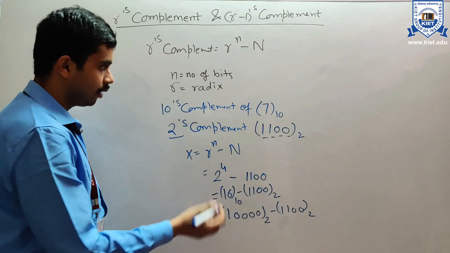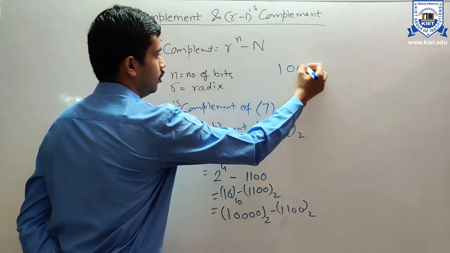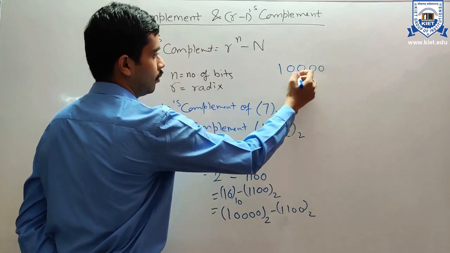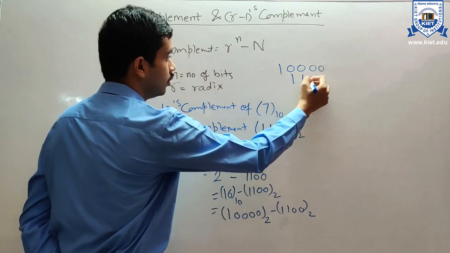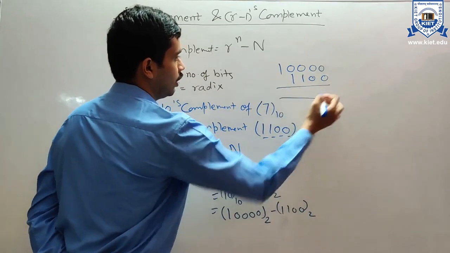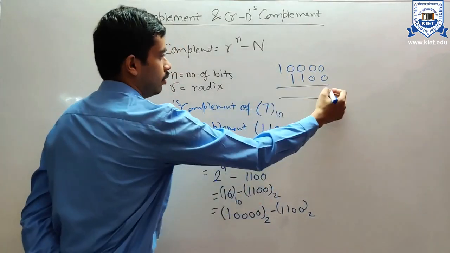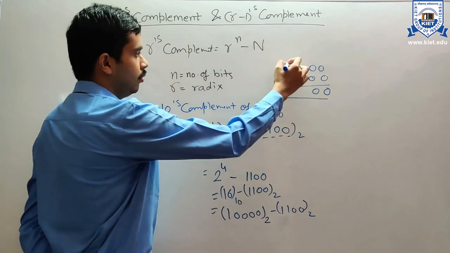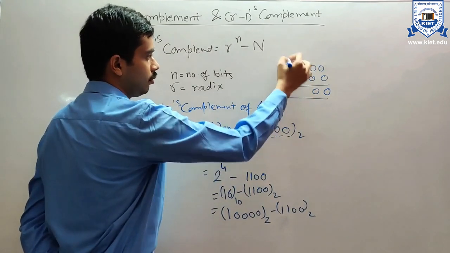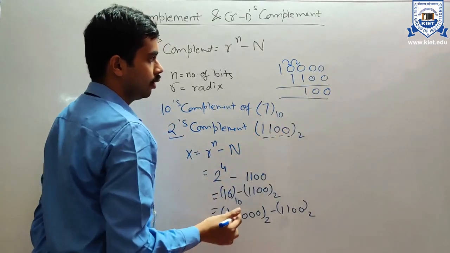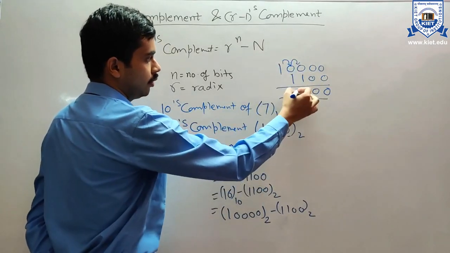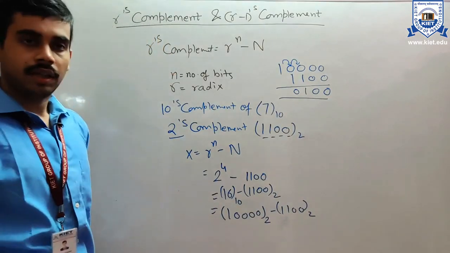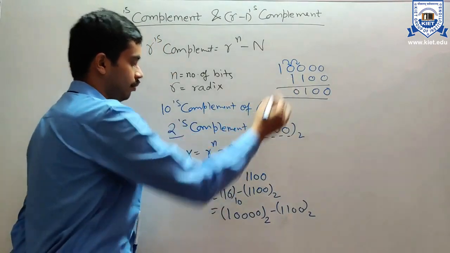Just calculate it: 10000 minus 1100. 0 minus 0 is 0, then 0 minus 1 we will take a borrow, 10 minus 1 and 1 minus 1. So the answer will be 100.